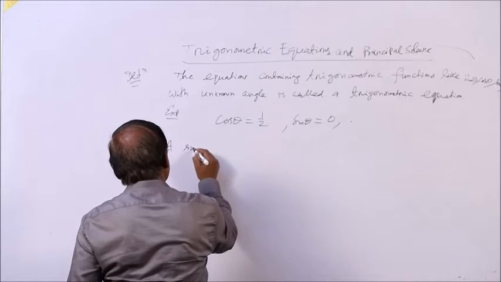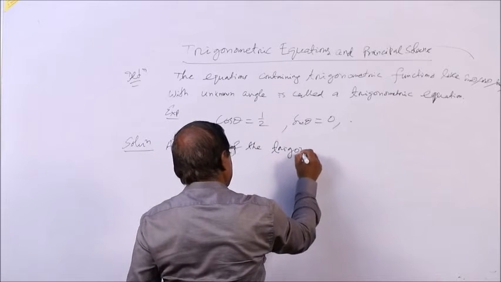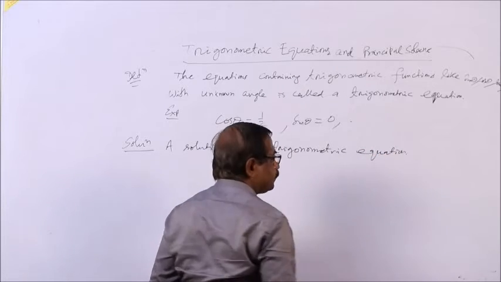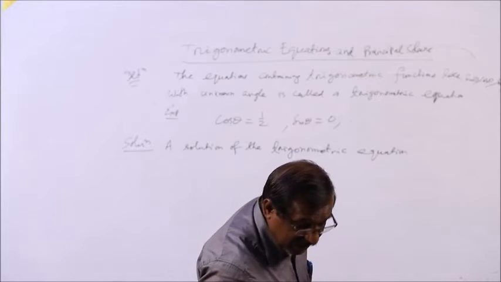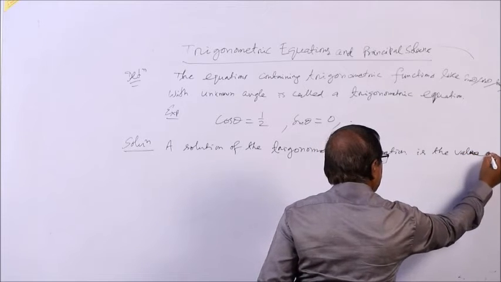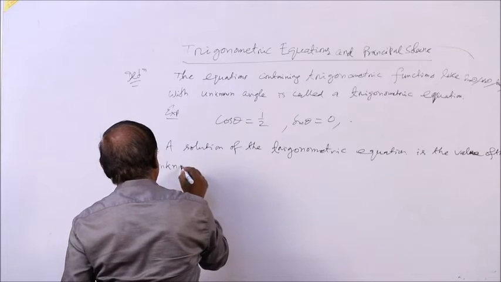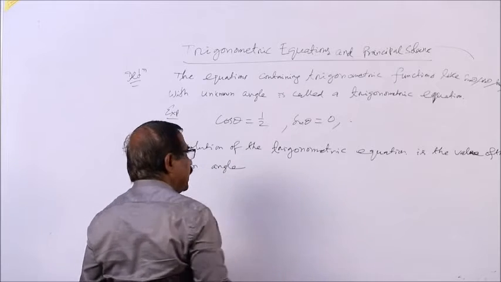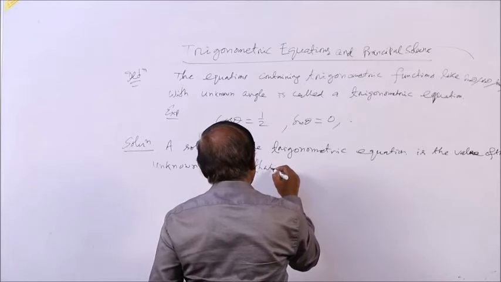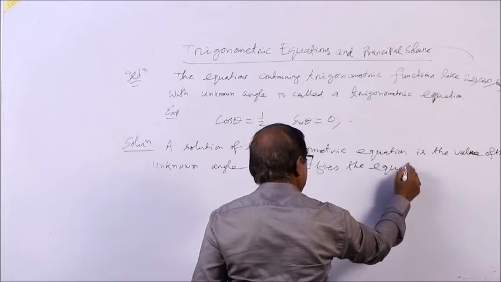A solution of the trigonometric equation is the value of the unknown angle that satisfies the equation.